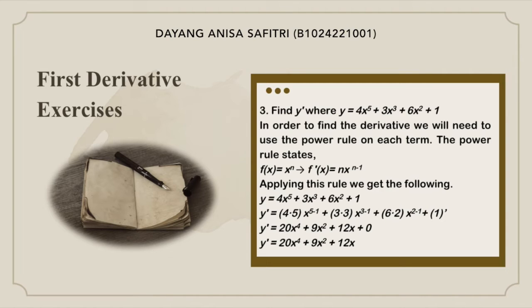So the first derivative of this form is y' equals 20x^4 plus 9x^2 plus 12x.